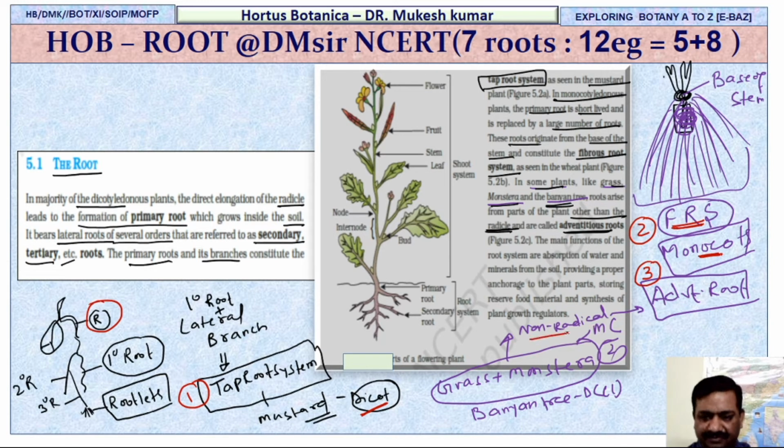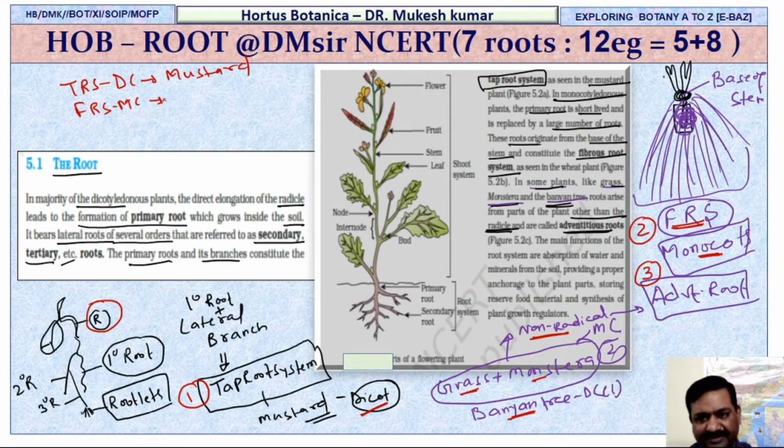It is also non-radicle. The example may be monocot, as we have grass and monstera, or dicot, that is the banyan. So in total, how many examples do we have? You remember the taproot system in dicots. The example in NCERT is mustard. Second, the fibrous root system, it is especially in monocots.